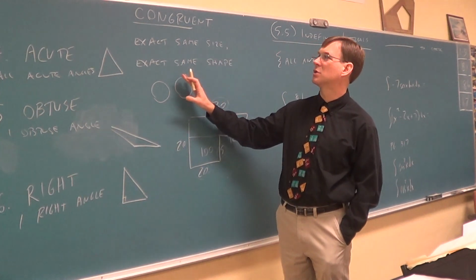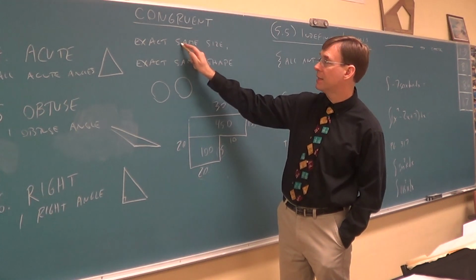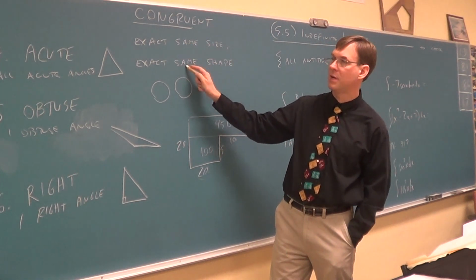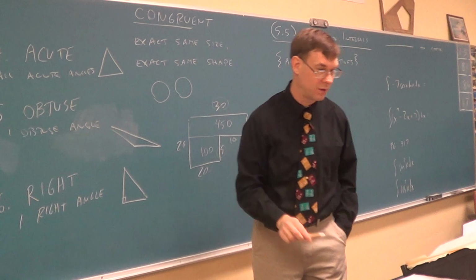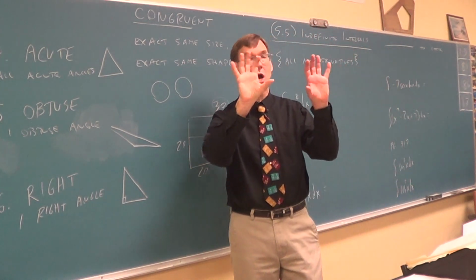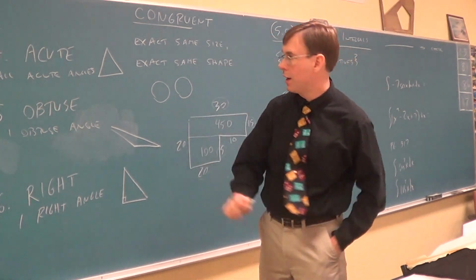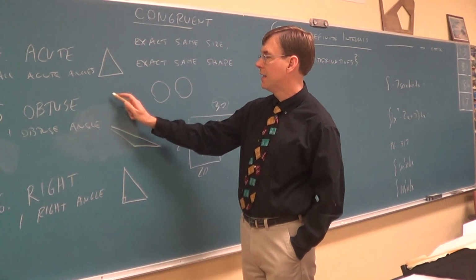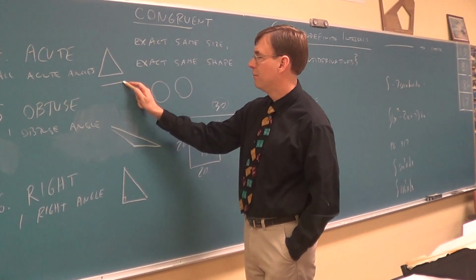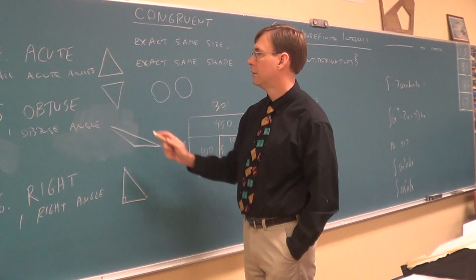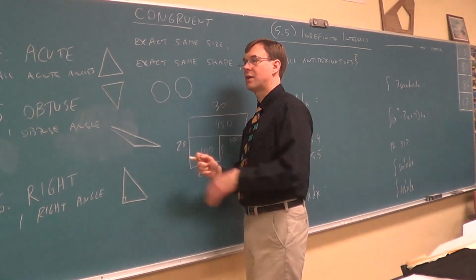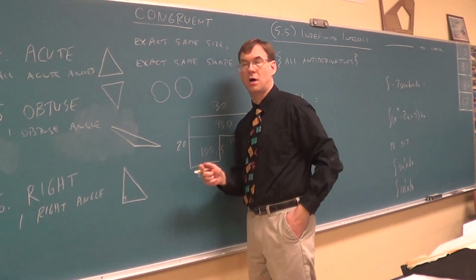Almost nothing yesterday was congruent. Congruent means it's got to be the exact same size and the exact same shape. There's no differences at all, other than you could turn stuff. Like if I wanted to take this isosceles triangle and flip it on its head, this triangle is congruent to that triangle because I can just flip it back on top of itself.